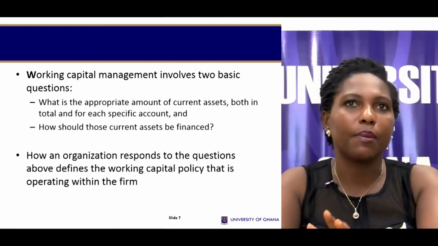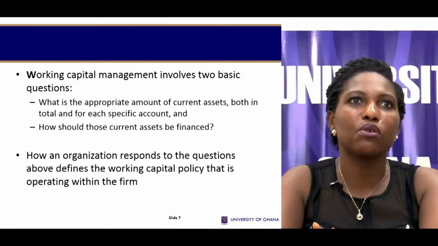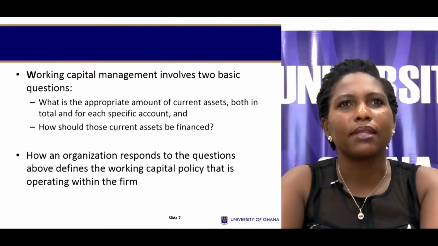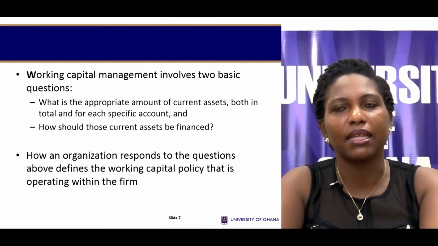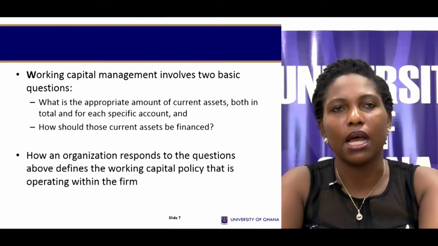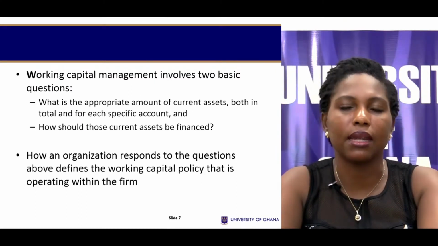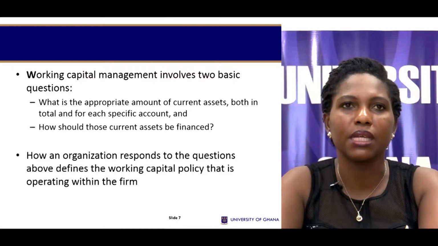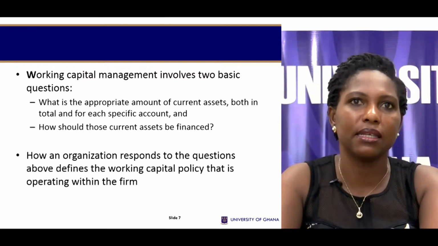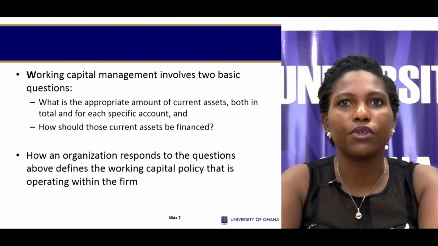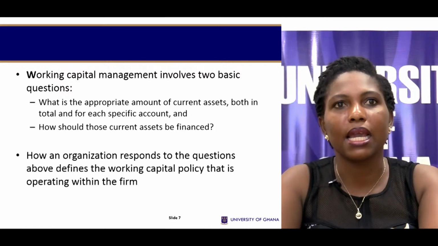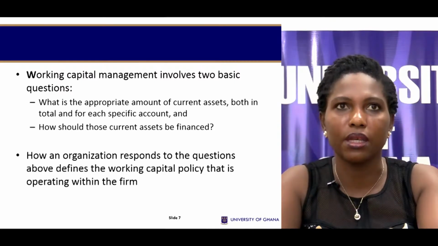Now, working capital management therefore involves two basic questions. What is the appropriate amount of current assets, both in total and for each specific account like inventory, cash, and receivables? And how should we finance these? Now, how an organization responds to those questions defined above tells us the working capital policy that is operating within the firm.